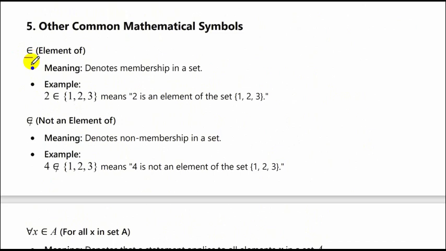This mathematical symbol means element of, denotes membership in a set. For example, 2 is an element of 1, 2, 3, means 2 is an element of the set 1, 2, 3. And the slashed symbol means is not an element, denotes non-membership in a set. 4 is not a member of this set.